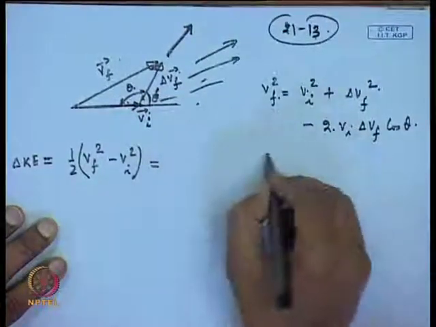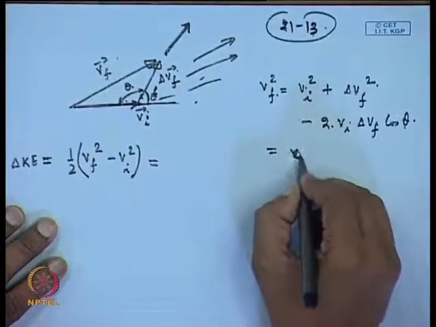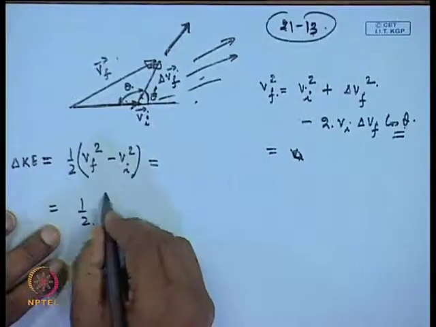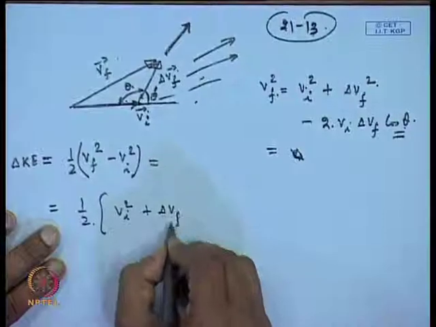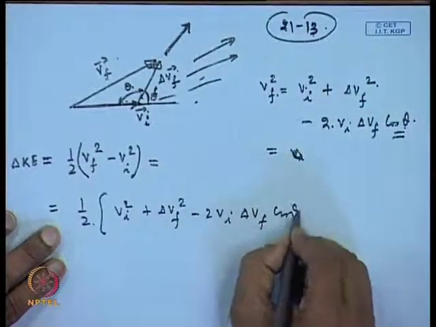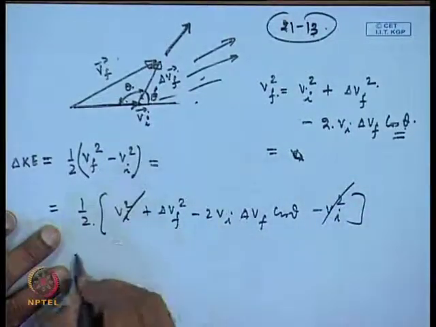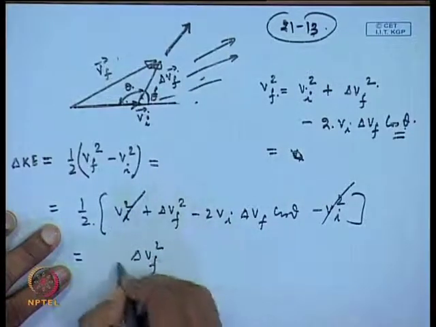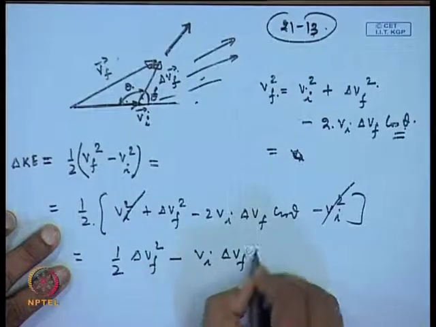And if we replace theta in terms of delta, or we can work with the theta itself here, this becomes 1 by 2 times V I square plus delta V f square minus 2 V I times delta V f cos theta, minus V I square. So this cancels out, and what we get here is delta V f square by 2 minus V I times delta V f cos theta.